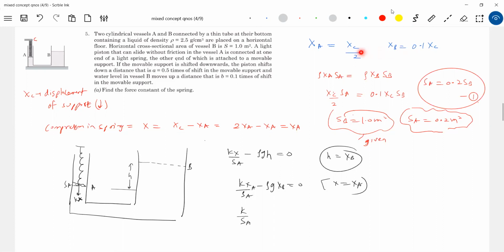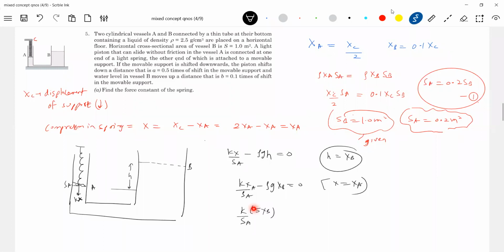Using these two, just XA in terms of XB. XA equal to 5XB, sir. Check once. 5XB.